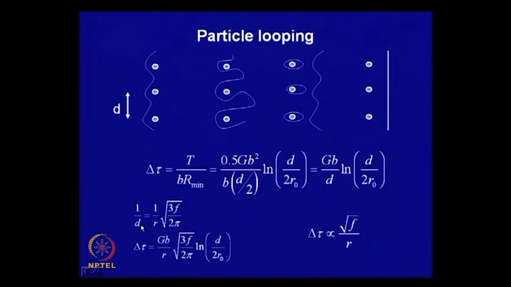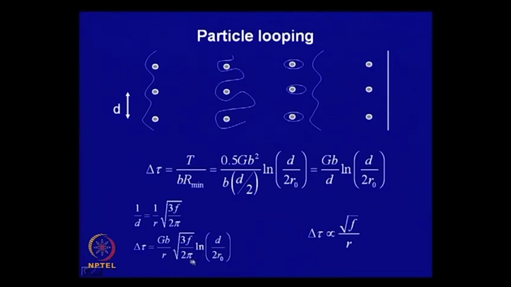It is possible to show that if you have uniform particles of radius r distributed in a unit volume and the volume fraction of precipitate is f, the distance between the particles will be given by this. So, if you substitute over here, you get this expression.